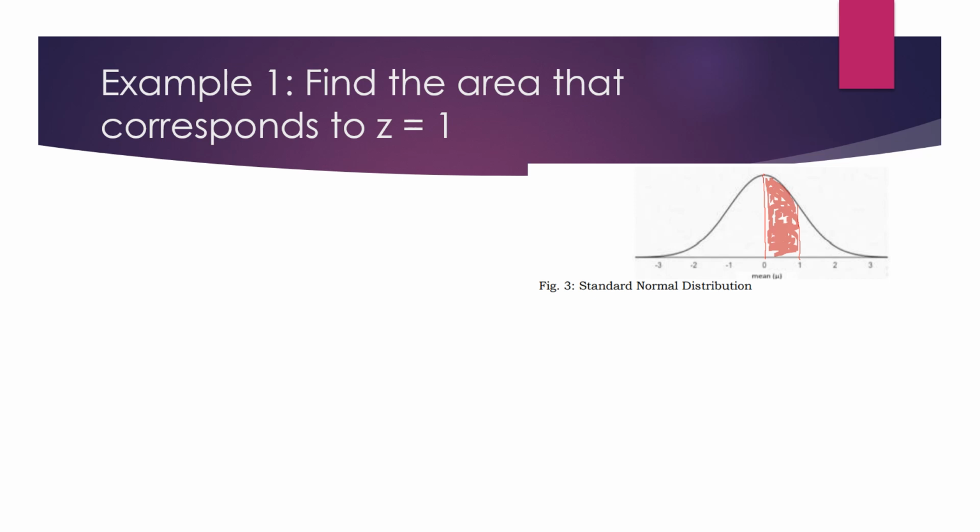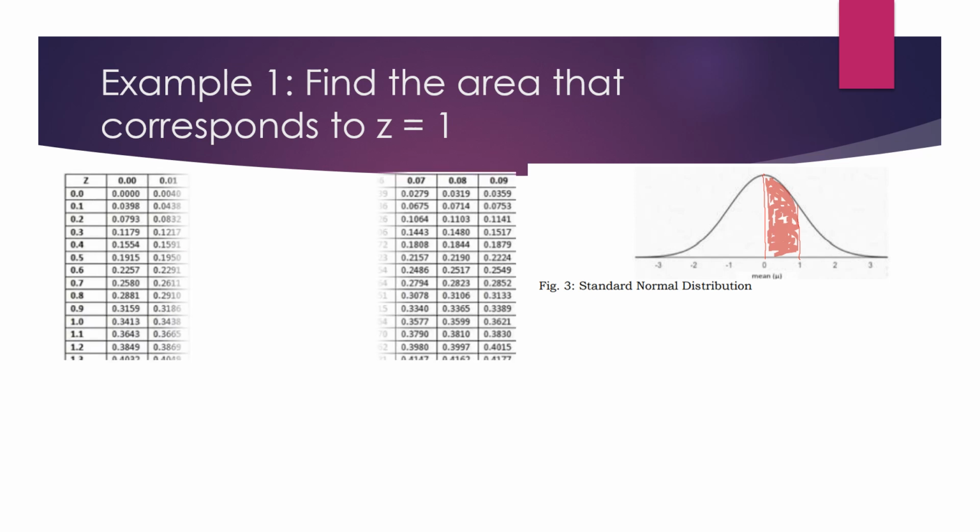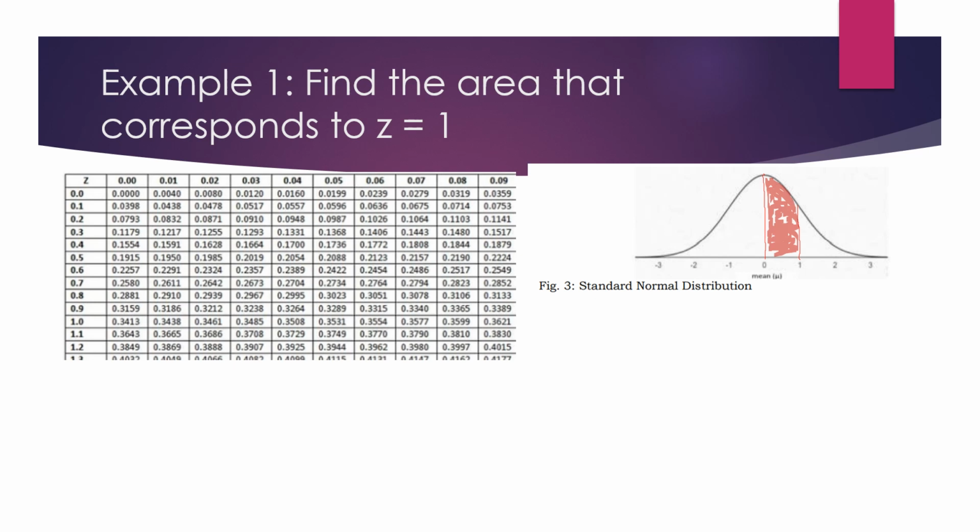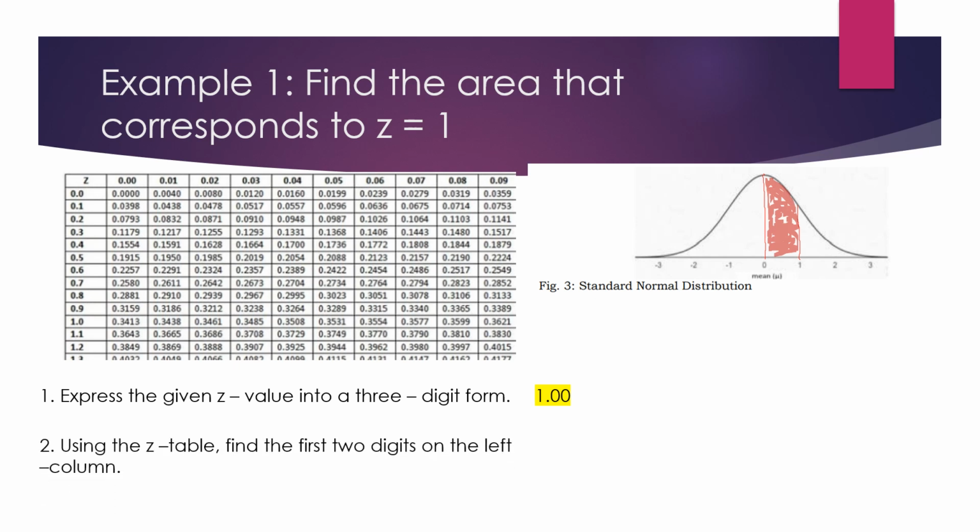For us to find the area of that, we need to use the z-table. First step, express the given z-value into 3-digit form. So its 3-digit form is 1.00. Second, using the z-table, find the first 2 digits on the left column. The first two digits are 1.0. So locating it on the left column of the table, this is the 1.0.